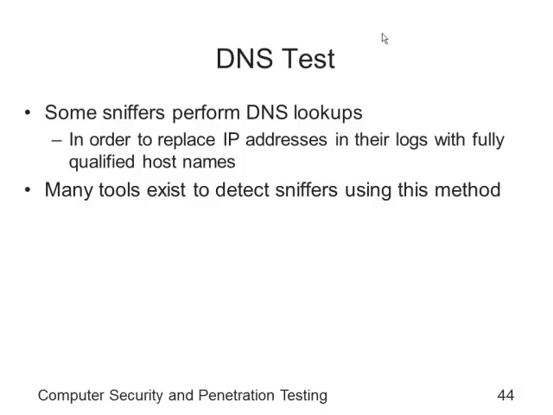Okay. All right, DNS test, it says some of them do DNS lookup. So if the sniffer is doing a DNS lookup, an example is, what is it? Use it to view router traffic with, begins with W. Can't think of the name now. Great.